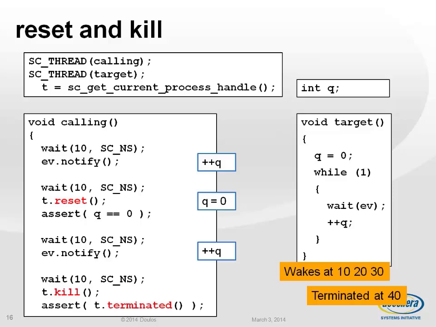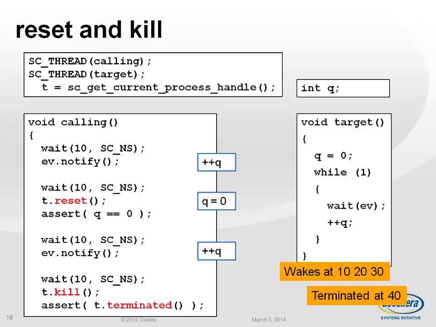So by the time we return from T.kill, if we assert T.terminated, it is indeed terminated. So T.terminated tells us whether our process is dead. It is dead. By the time we return from the kill method, the process is dead. So these reset and kill calls really are immediate, like immediate notification. By the time you return from T.reset or T.kill, your process has been killed.